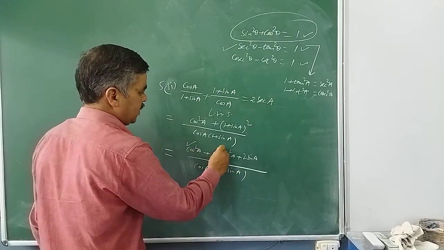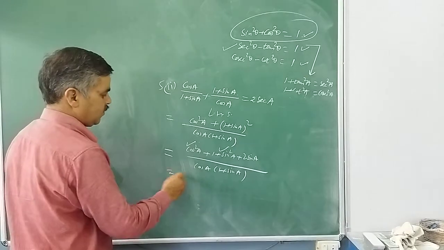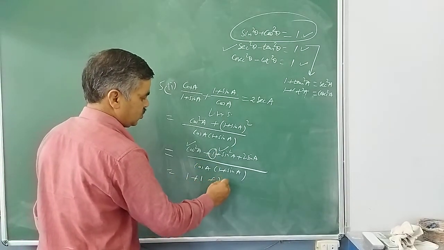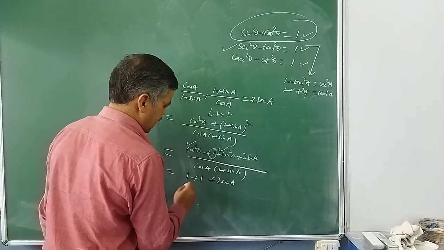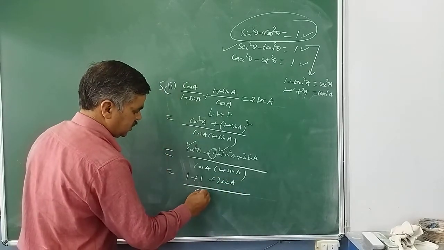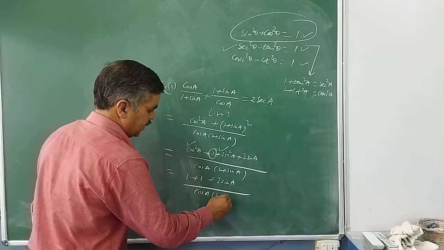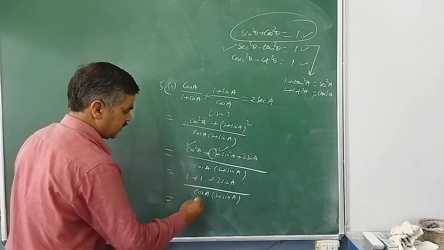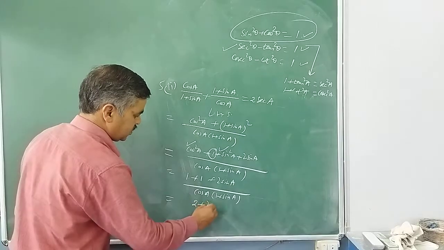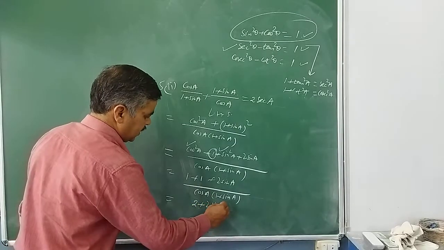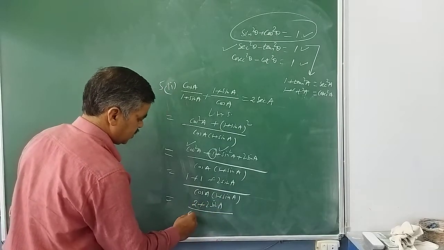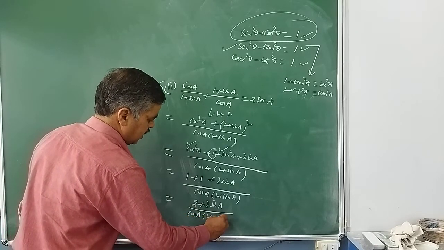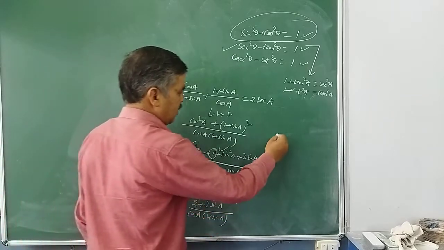So cos square A plus sin square A will give you 1, plus this is 1 here, plus 2 sin A, and upon cos A into 1 plus sin A. 1 plus 1 is 2, 2 plus 2 sin A, and then this is cos A into 1 plus sin A. 2 I can take common here.